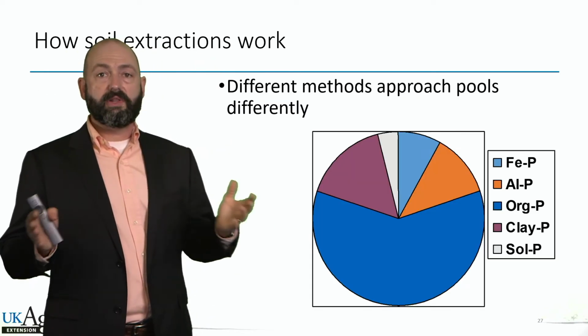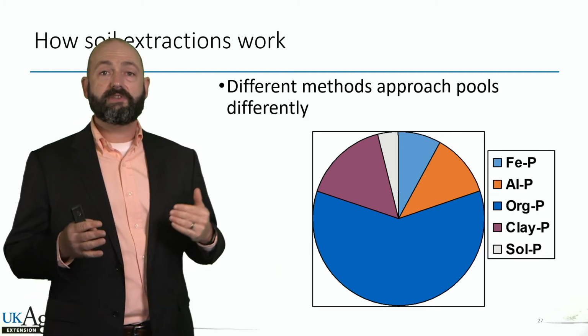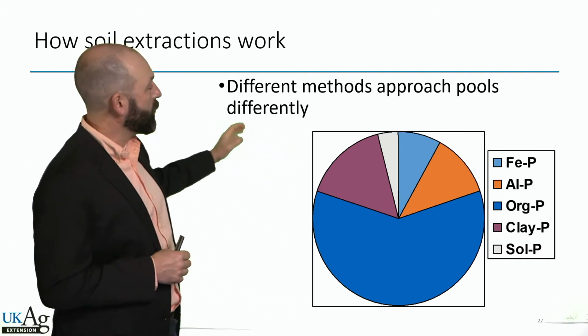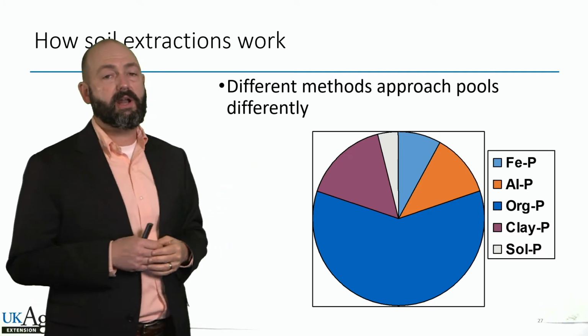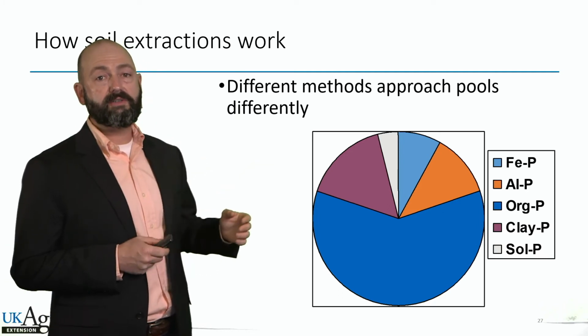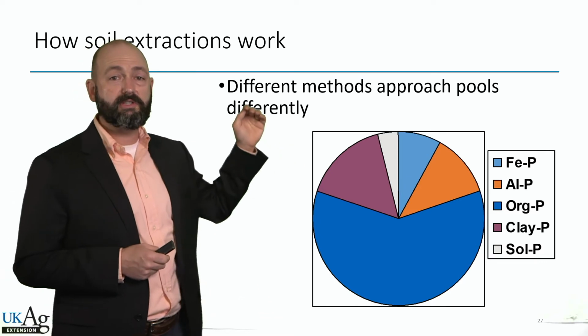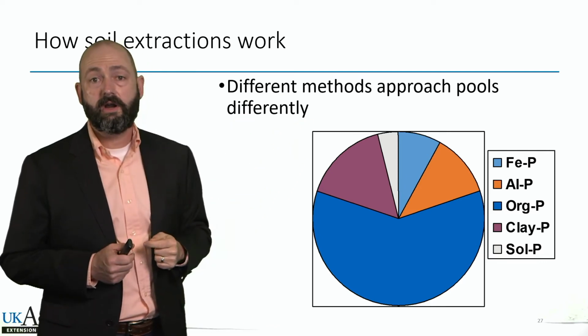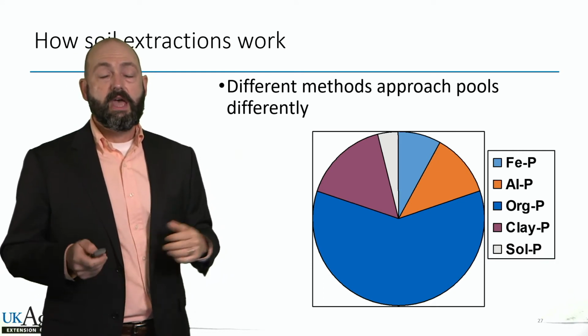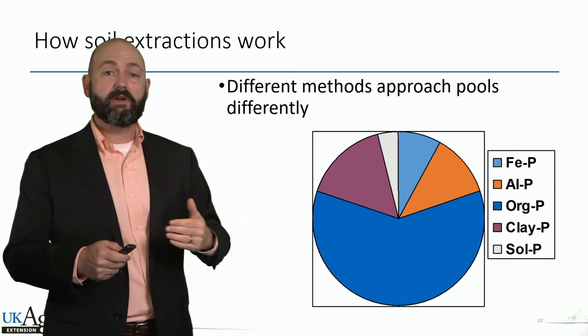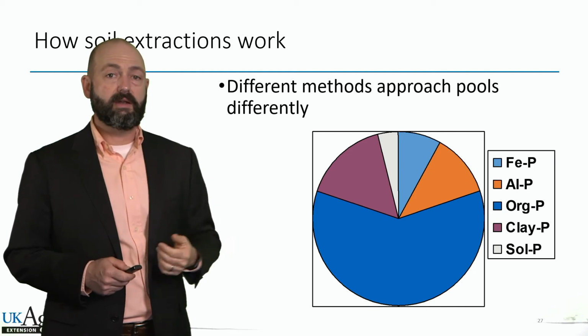With an essential element like phosphorus, for example, you're going to have these kind of pools. They're somewhat discrete. I mean, we can think about them as being discrete. They might overlap in some instances, but you're going to have that mineral phosphorus that's tied to clay, or phosphorus that's in organic forms in the organic matter, and then that phosphorus in the solution pool that's immediately available to the plants. And when you have different soil test extractions, they're going to approach these different pools in different ways.